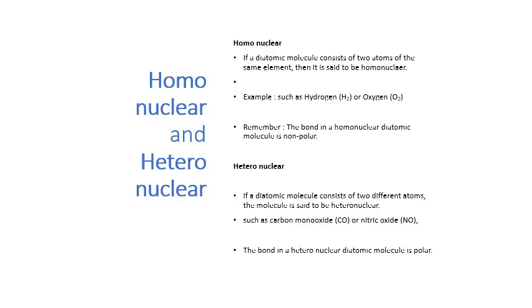As we told in the previous slide, homo means made up of the same atom or element. If a diatomic molecule consists of two atoms of the same element, then it is said to be homonuclear, and the examples are hydrogen, oxygen, or others.